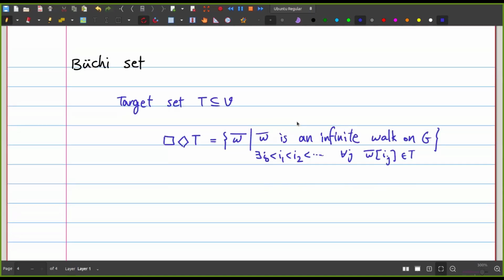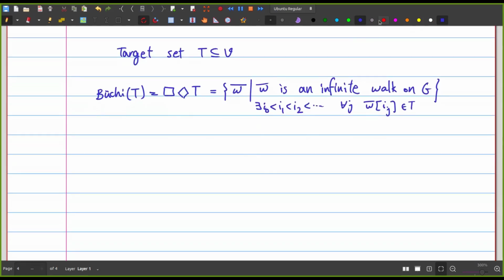And of course, what I want to find is the probability of this set. I can also just show this as the set Büchi of T. And by the way, this is the name of a scientist. It's named after him because he was defining automata based on these kinds of properties, and he had a lot of really interesting results.